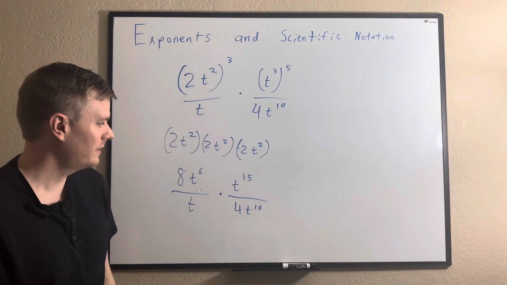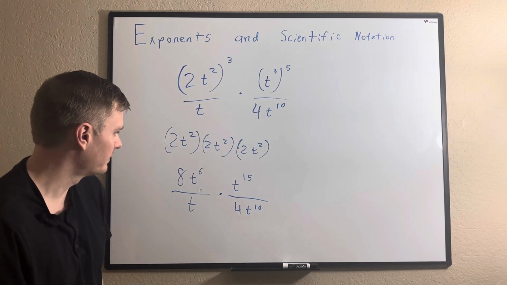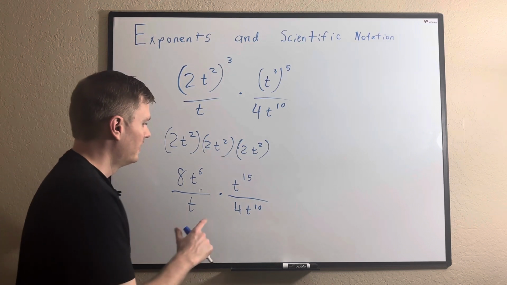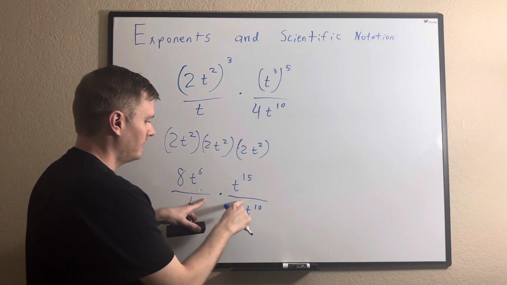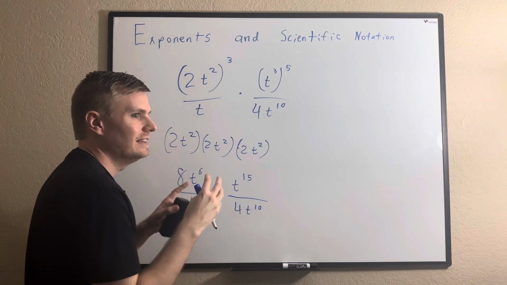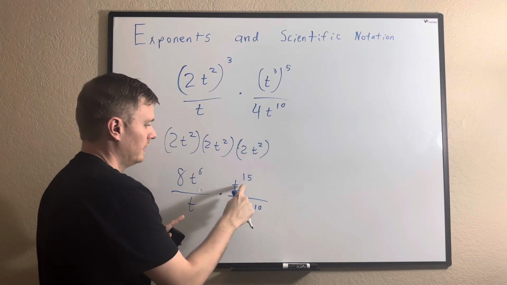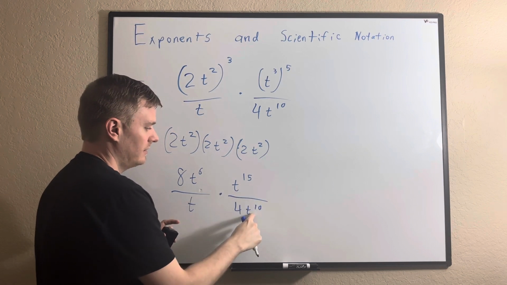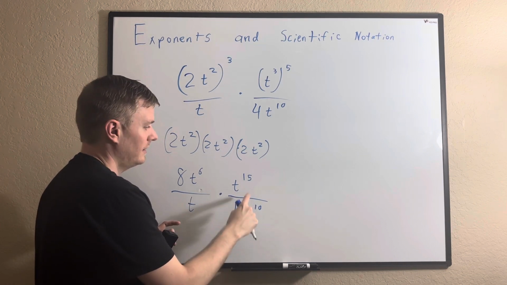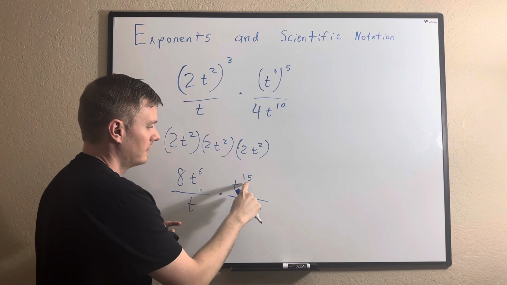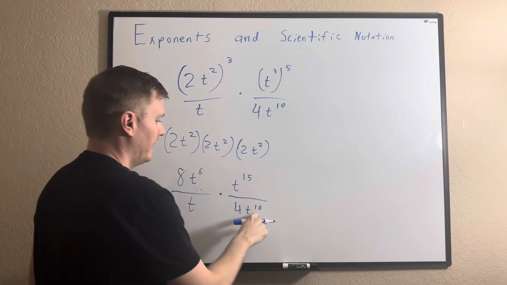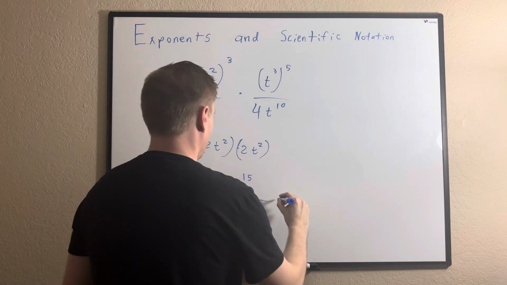But I wonder if there's an easier thing we could do here. Multiplication and division are kind of the same in the order of operations, so you can do division first if you want. t to the 15th divided by t to the 10th is the same as t to the 15 minus 10, right?